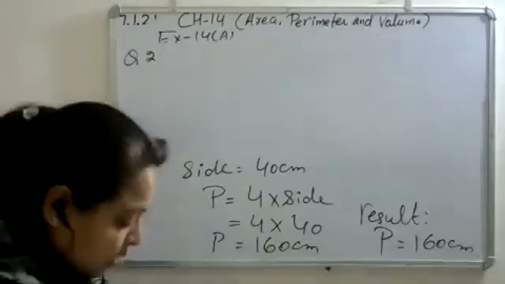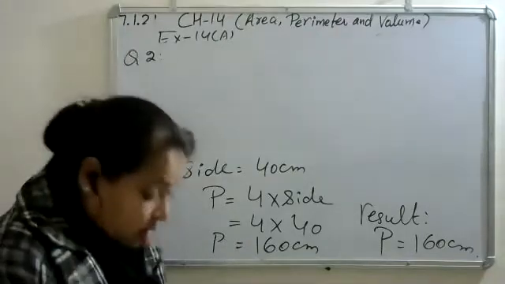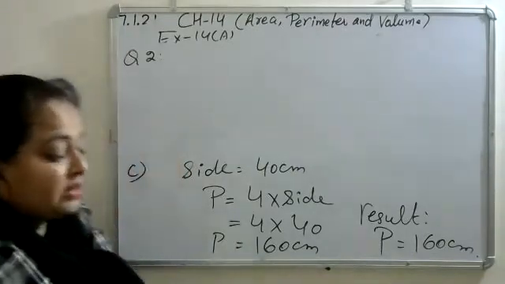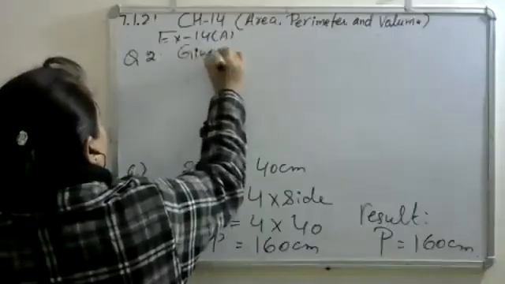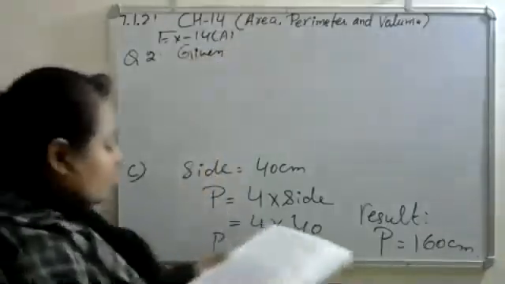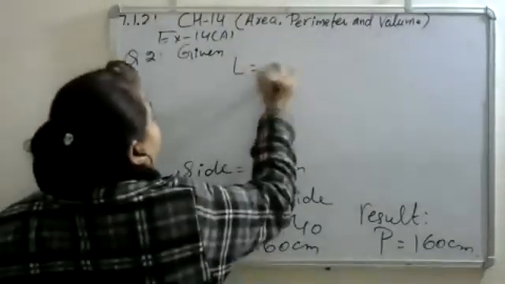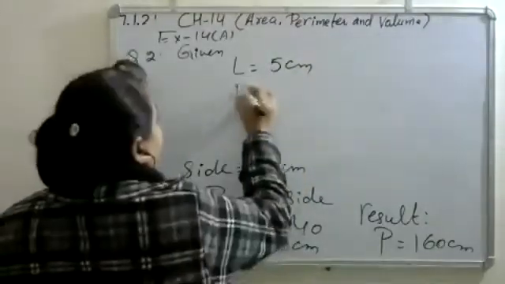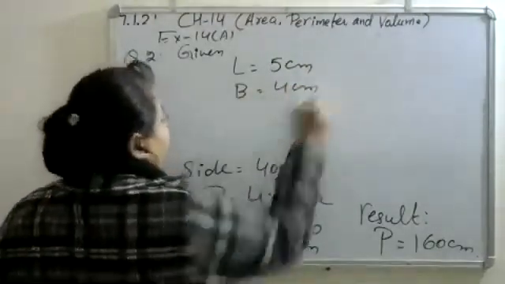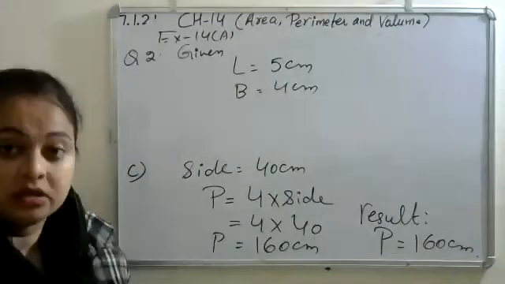Okay, now come to the next. Second question is find the perimeter of rectangle. So first of all, you will write the given information. What is given? In the second question, length is 5 centimeter. Breadth is 4 centimeter. Now, the question is to find the perimeter.